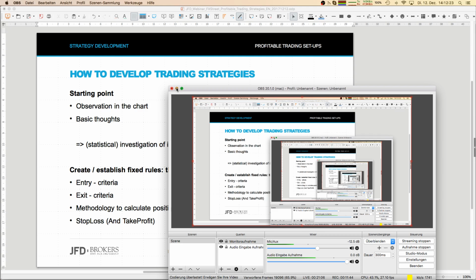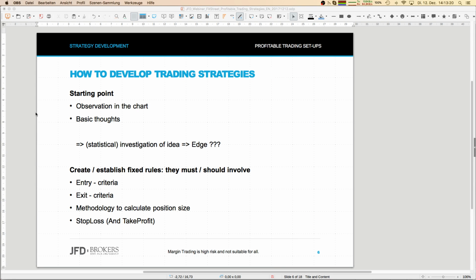as I speak here. So after we have proven that we have such a statistical edge, which we have to do via, for example, Excel or other analysis, then we have to really create fixed rules for our trading idea. Just saying, okay, 3 candles in a row are green, then open short, is not enough.